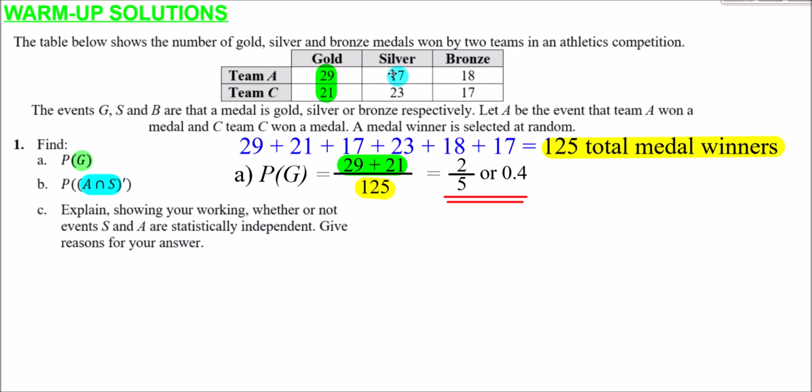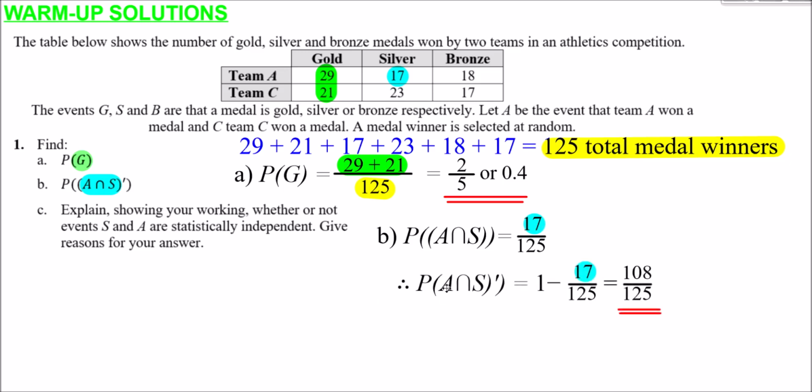So the probability of selecting A intersection S must be 17 out of these 125 people. But because we want the probability of A intersection S dashed, we want everything apart from these 17 out of 125 people. So 1 minus 17 over 125 is the probability we need.